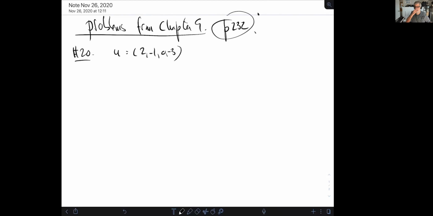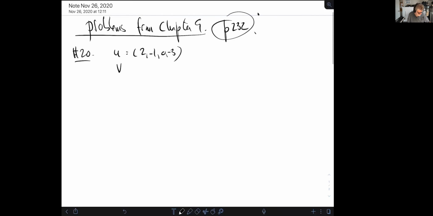Notice that in some instances we write vectors with round brackets, sometimes with pointy brackets. It makes no difference. v is (1, -1, -1, 3), and w is (1, 3, -2, 2).